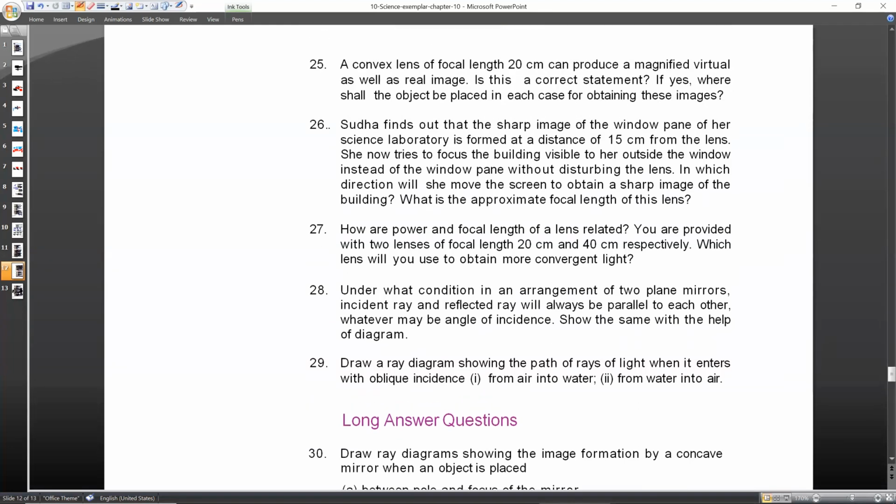Do question number, what should be the answer for question number 26? Read the question number 26 and do this.